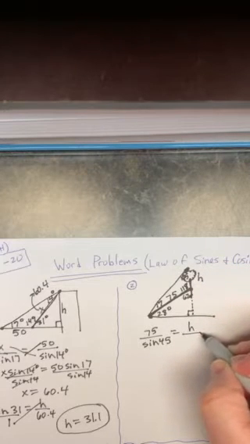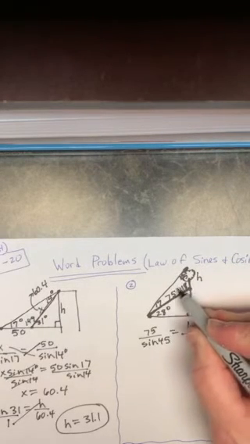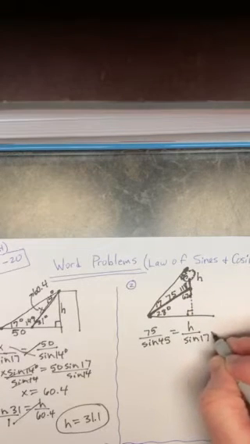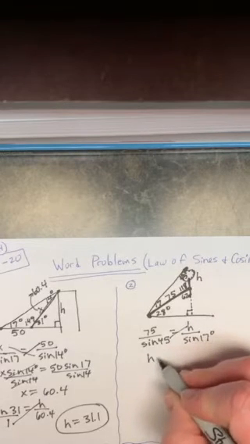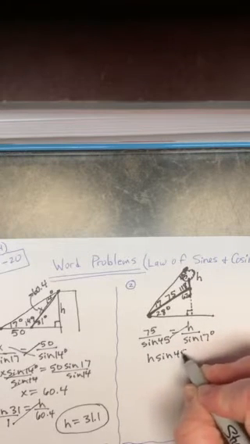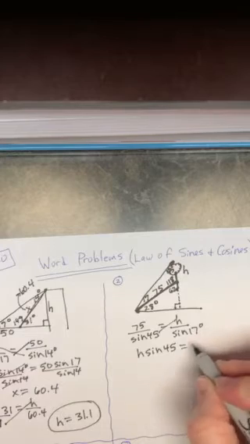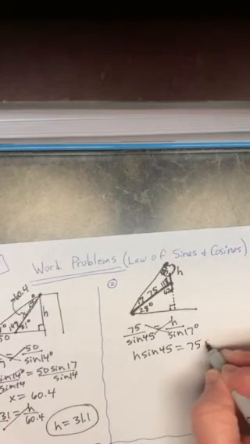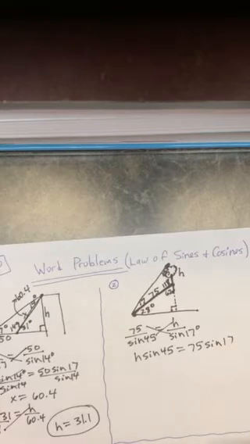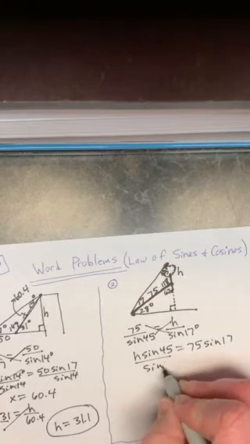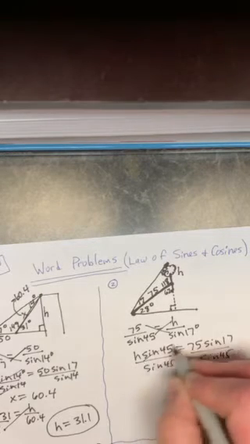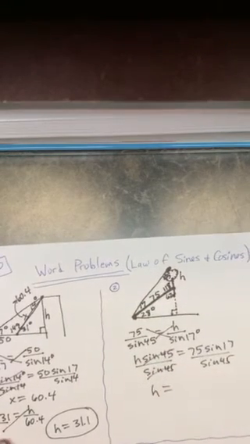We could do H over, and then how big is the angle across from him? 17. So write the sine of 17. So cross multiplying, we've got H sine 45 equals 75 sine 17, divide by the sine of 45, and we should figure out the height of the tree.